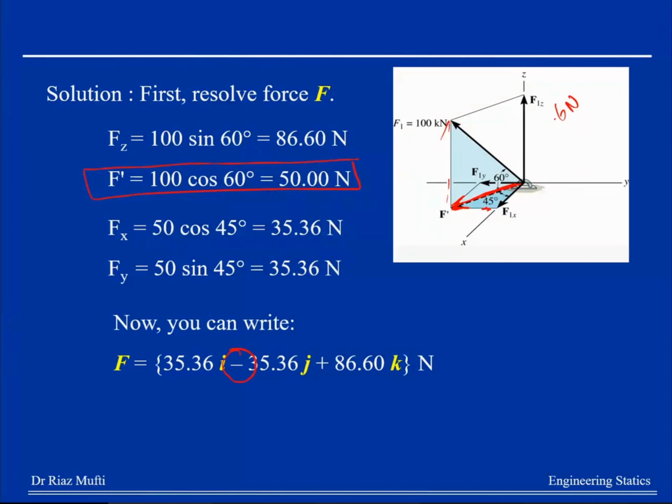That's why I've got this negative, because this component is in y dash, so it's in the negative. Therefore I've got my negative sign here. So I've got my one vector in three components. Now I will divide the other vector into three components.